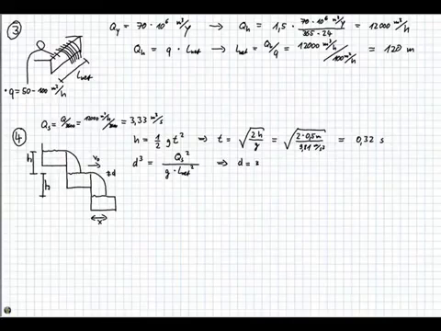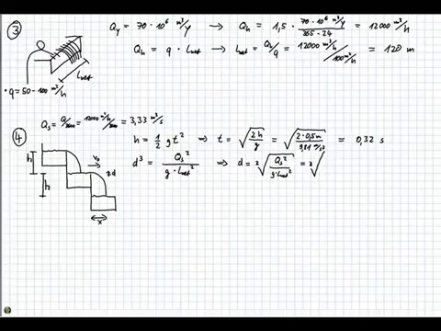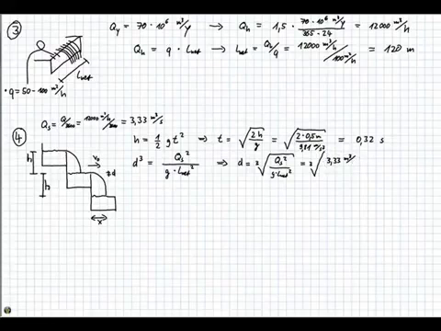So d is equal to the third root of qs squared divided by g times L net squared, which equals the third root of, we just calculated, 3.33 cubic meters per second, in brackets, obviously, squared, divided by 9.81 meters per second squared times L net.